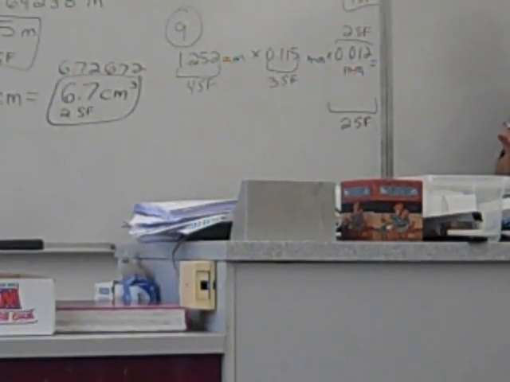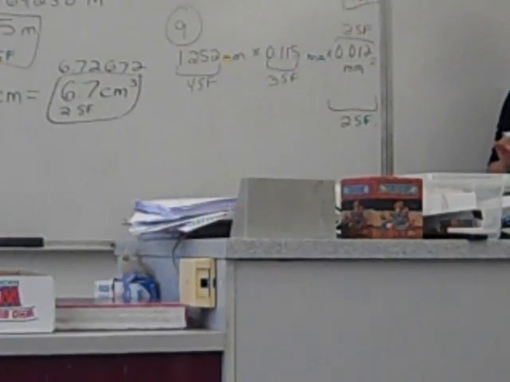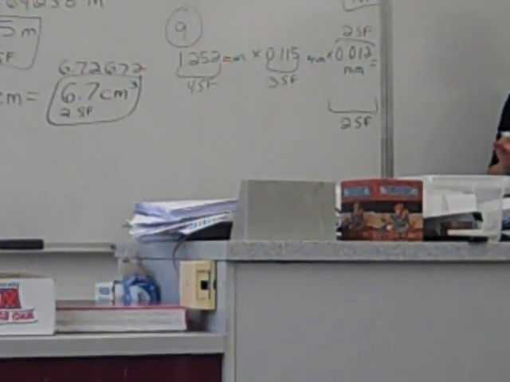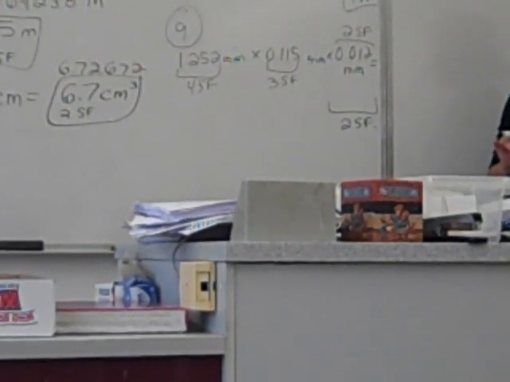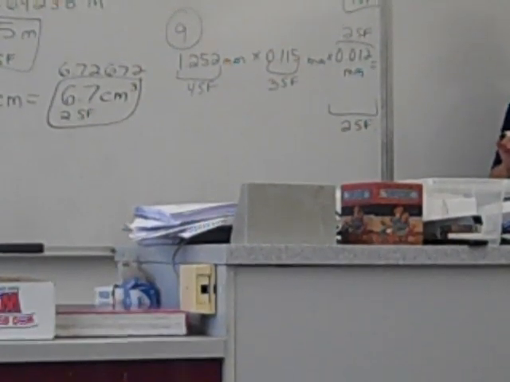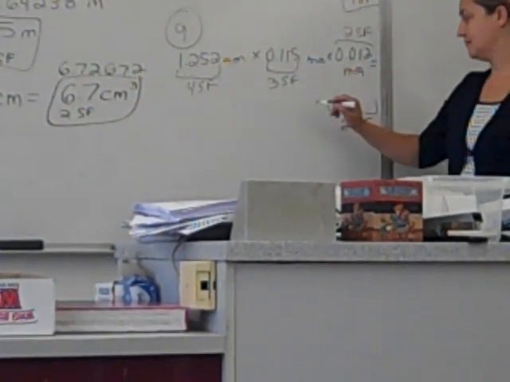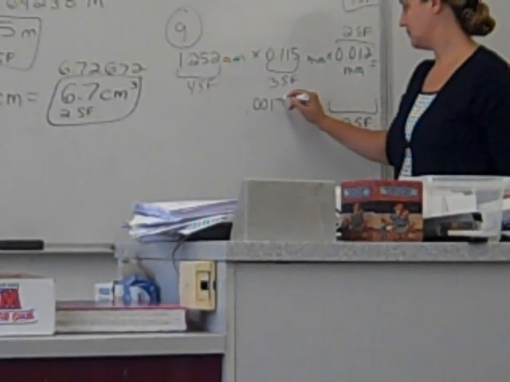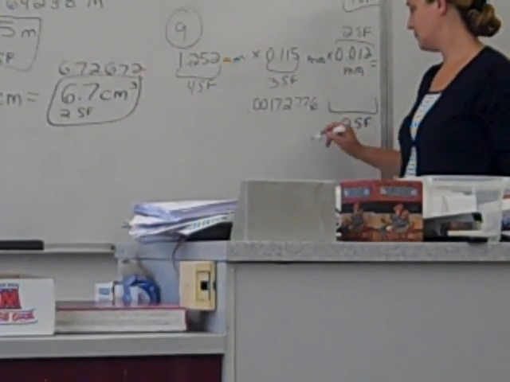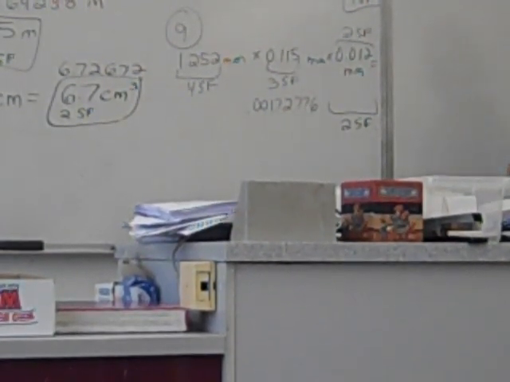Blake, what did you get for the answer off the calculator? 0.00172776. Okay, and do you know how to put that in 2 significant figures?